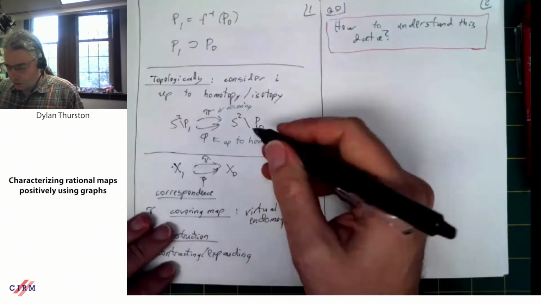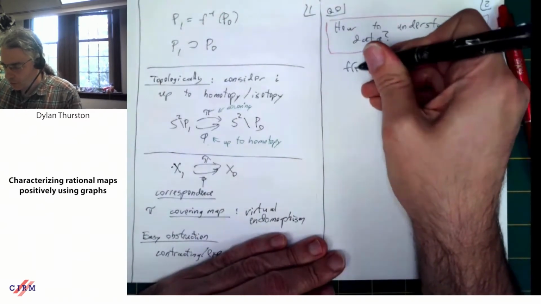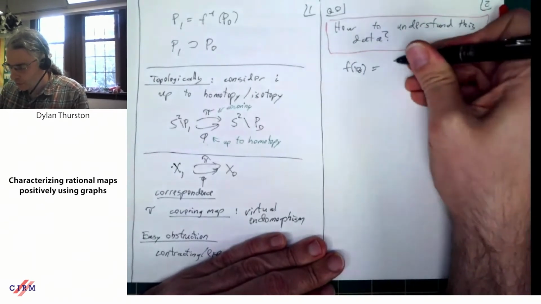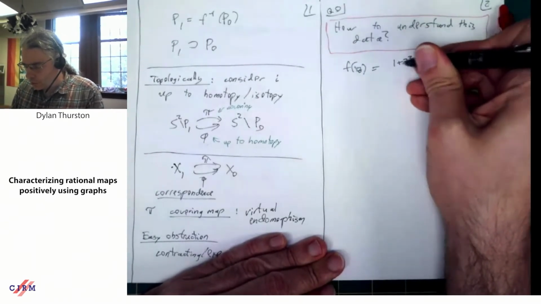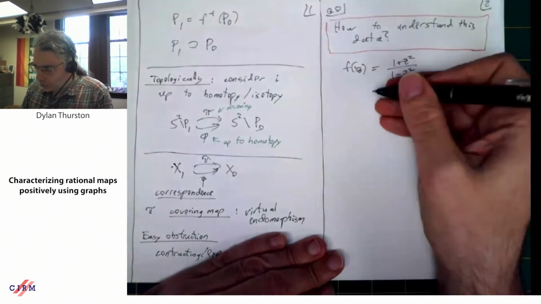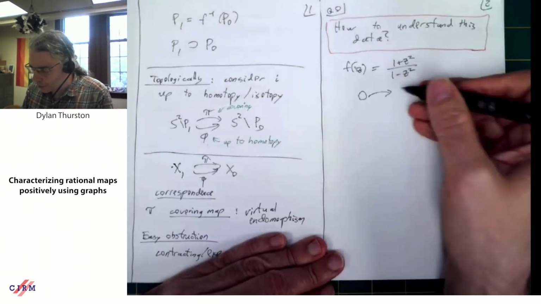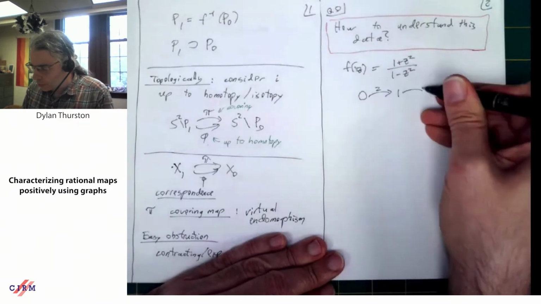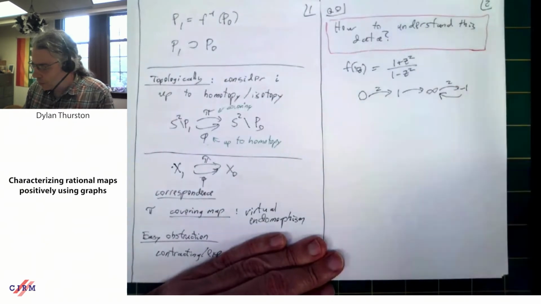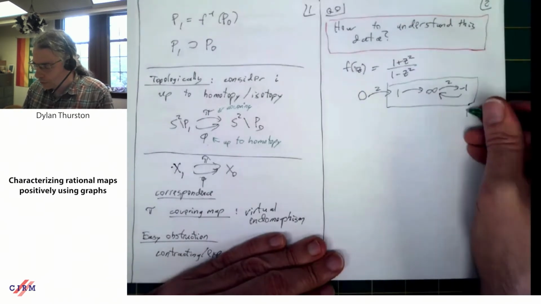Right, so this data: we have a punctured sphere. Let me take a particular rational map just for concreteness, one of my favorites. F of z is (1 plus z squared) over (1 minus z squared), where 0 and infinity are the critical points. 0 maps to 1, which maps to infinity, which maps to -1, which maps back to infinity. And so this is the post-critical set.